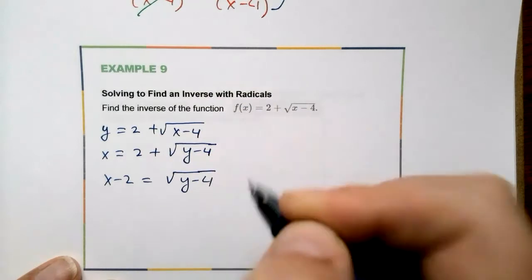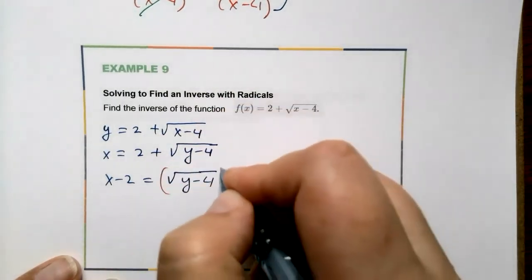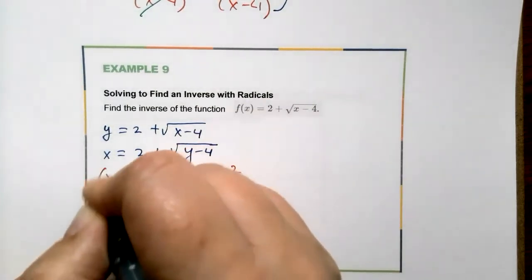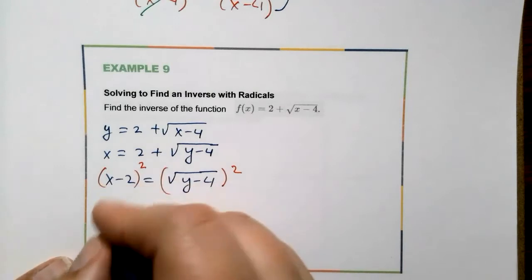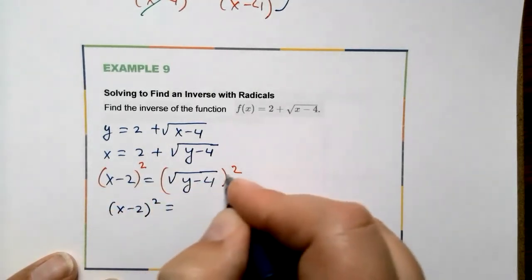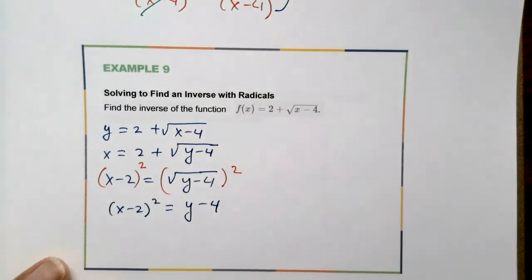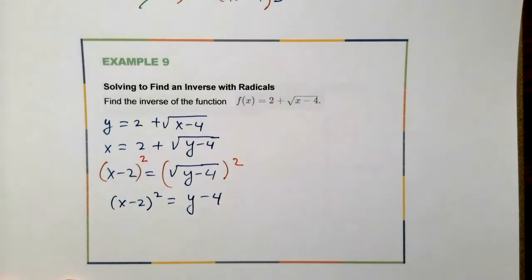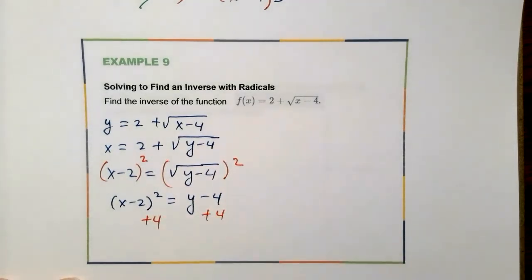Now, in order to get to the y, I need to square both sides to undo the square root. So I have x minus 2 squared equals, the square does away with the square root. And the final step is to add 4.